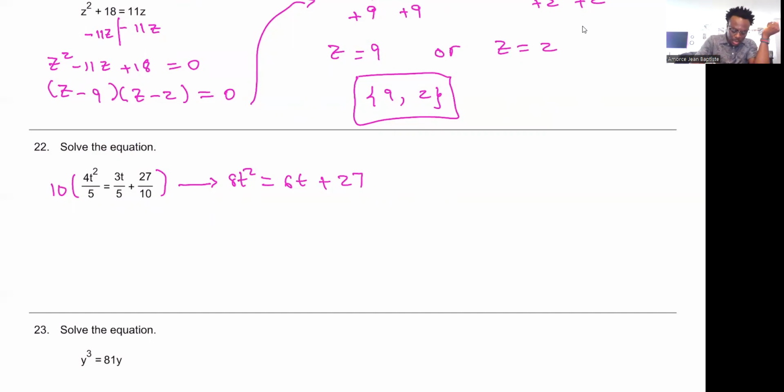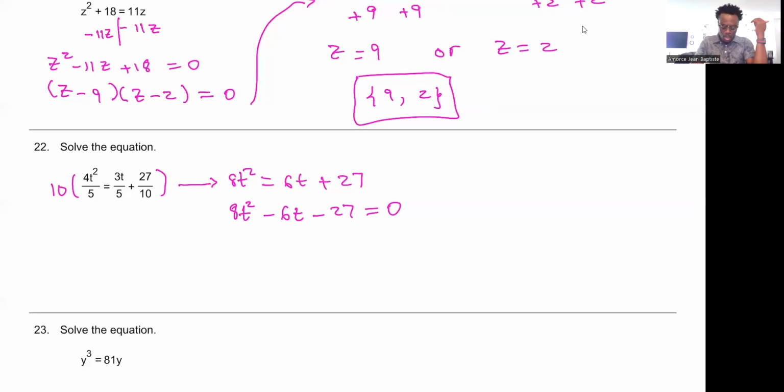So that means it's 8t squared, and when I subtract the other terms from the other side, minus 6t minus 27 equals 0. Check to see if there is a GCF that you can factor out or divide by.